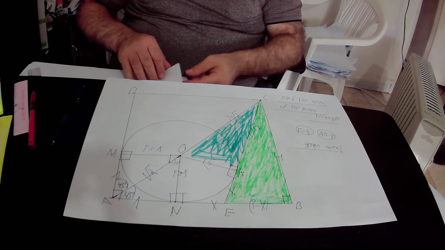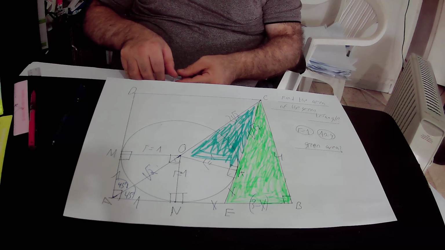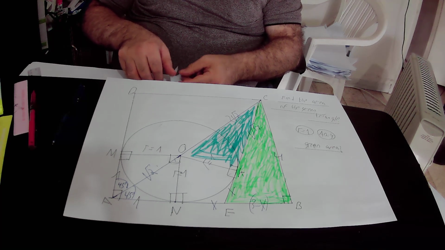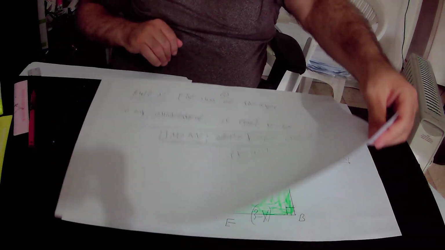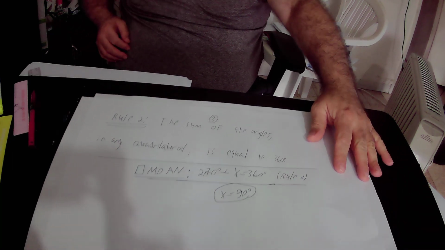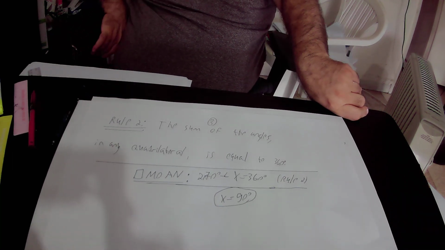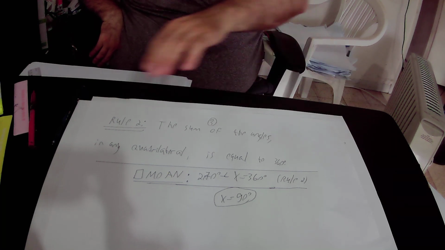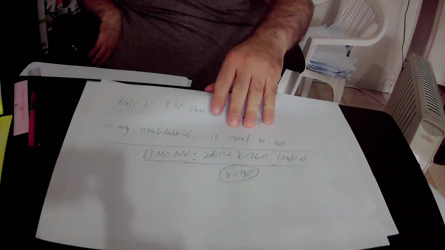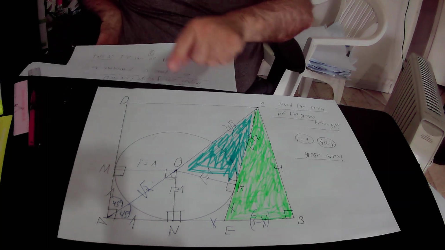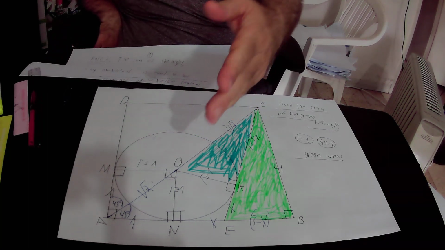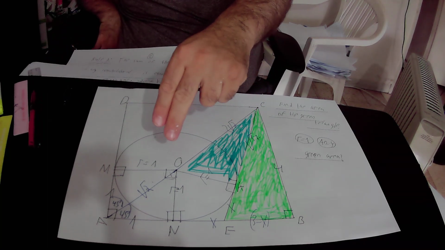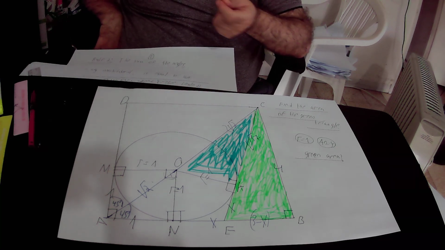Then I presented to you a new rule, number 2. According to rule number 2, the sum of the angles in any quadrilateral is equal to 360 degrees. So we have here quadrilateral MOAN, and according to rule number 2, the sum of its angles is equal to 360 degrees.